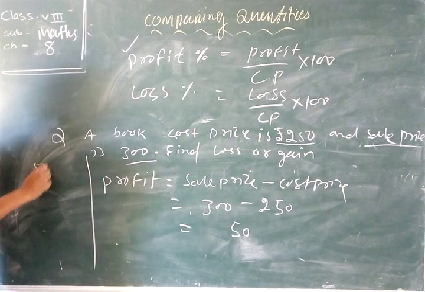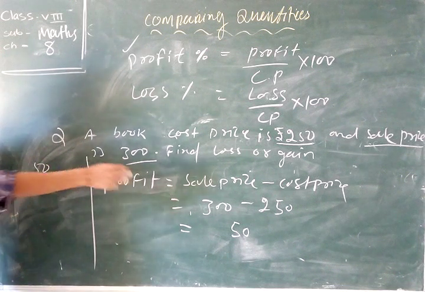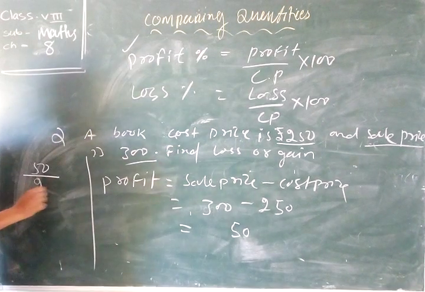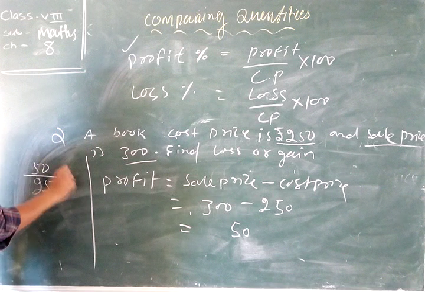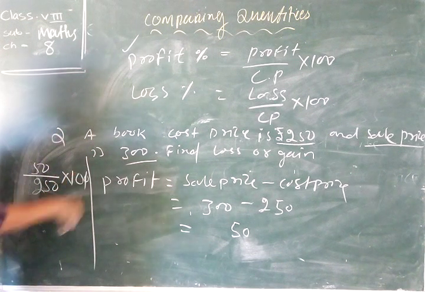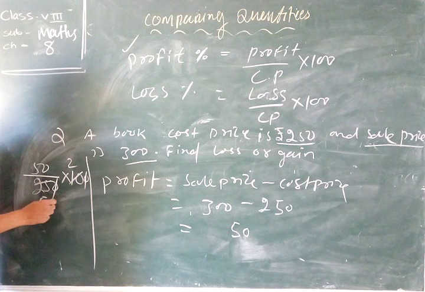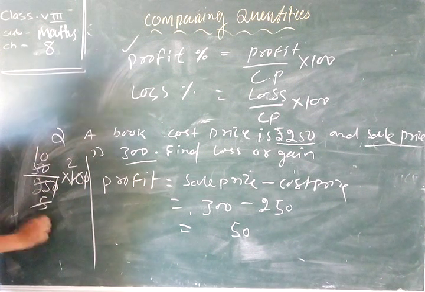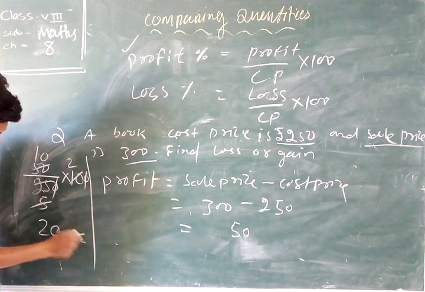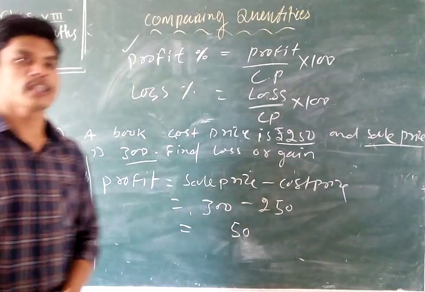Profit here is 50. CP here is 250, into 100. Here 10 cancel, 10 cancel, 5 to 10, 5 to 25, 5 10 is 50, 10 to 20. Here how many percent do we gain? 20%.